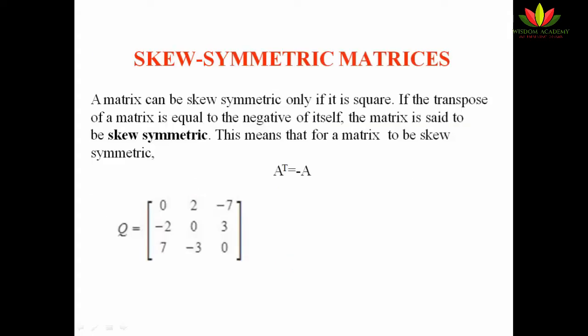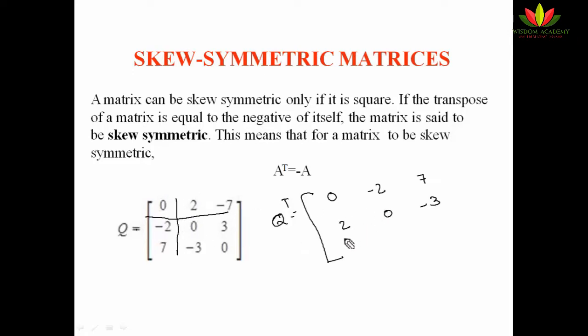Then we will say skew symmetric is if A transpose is equal to negation of A. If I am having this matrix Q, take it as an example. If I take Q transpose, how is it going to be? 0, minus 2, 7, 2, 0, minus 3. I am making all the rows to columns or columns into rows, both are possible.